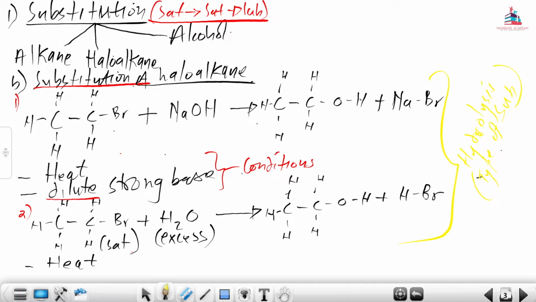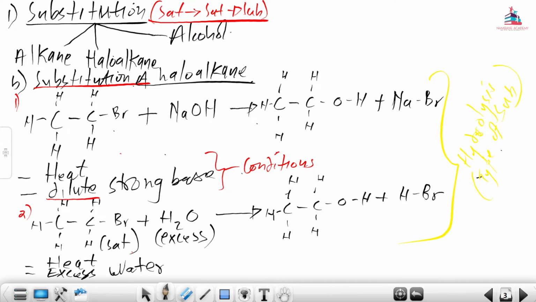Very, very important to understand. So once the conditions are excess water and heat, maybe I should also add it here for purpose of emphasis. We need now to have excess water. So once we have excess water and heat, then that reaction will be a substitution reaction.